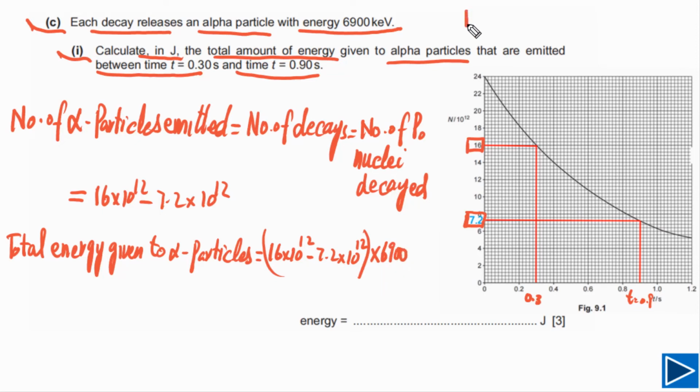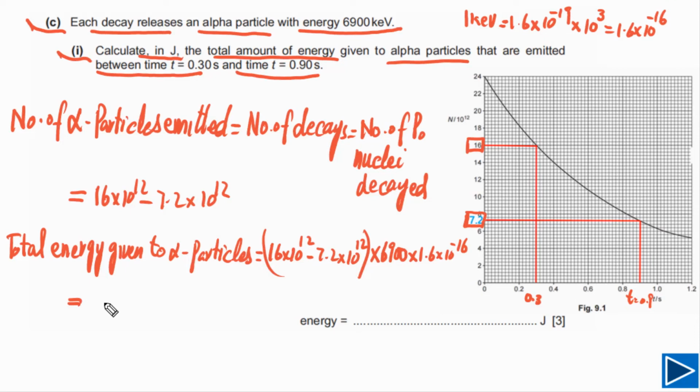Now we have to convert 1 kilo electron volt into joules. 1 electron volt is equal to 1.6 times 10 to the negative 19 joules. This is kilo, so we have to multiply by 10 to the 3. So simply this will be equal to 1.6 times 10 to the negative 16. So we multiply here by 1.6 times 10 to the negative 16, and if we multiply this, we can find our final answer.